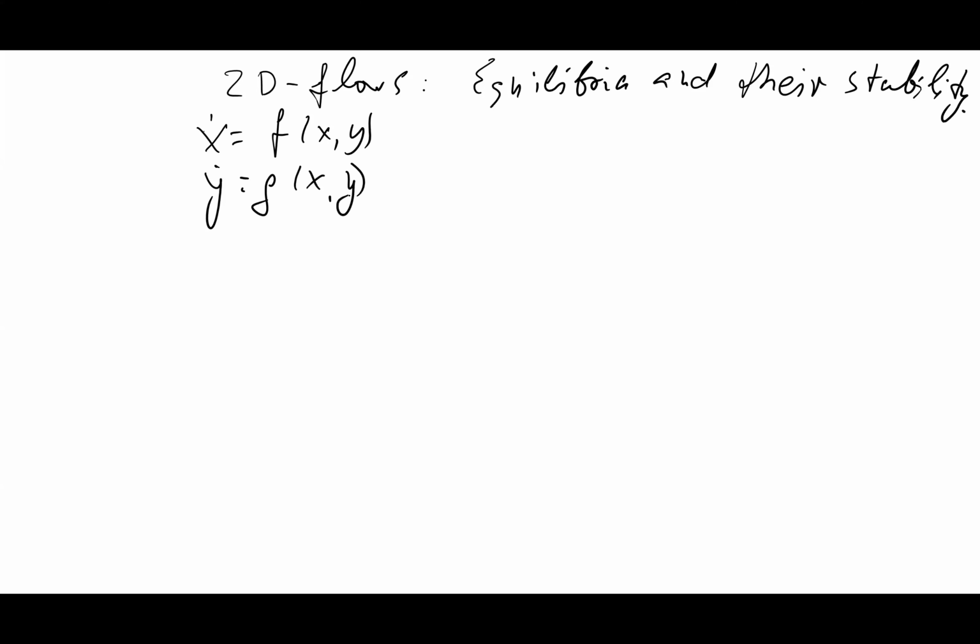Again, x and y are variables describing the state of our dynamical system. f and g are smooth enough, they have at least continuous first derivative. And so when we want to introduce equilibrium, we already know this concept.